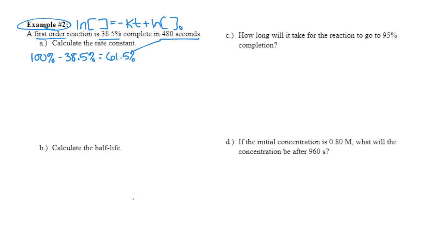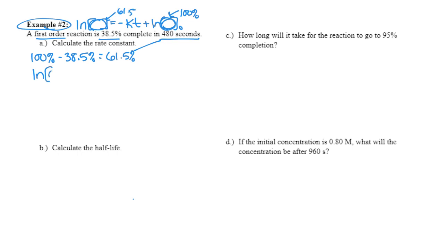Calculate the rate constant. So when I plug into this equation, I can plug in actual concentrations here. I can also plug in percentages. So my initial concentration was 100%. My final concentration is 61.5.